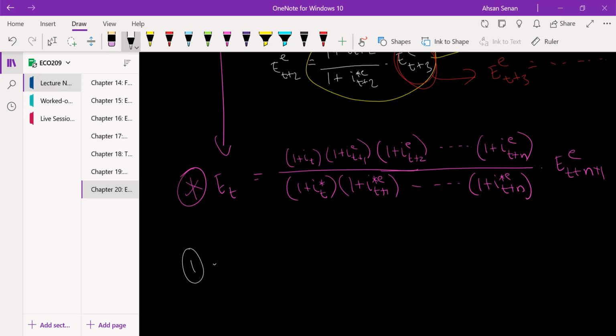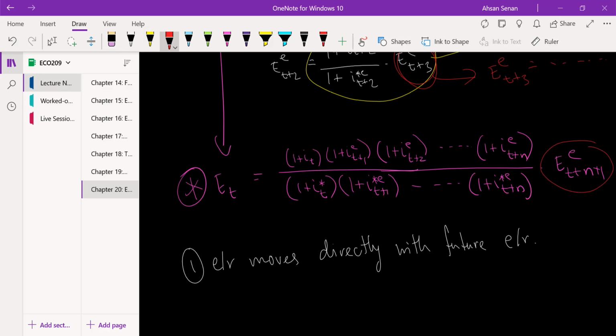So from this equation, we have a few takeaways, right? First is that our exchange rate moves directly with future exchange rate. So what that means is that if there is any movement in this, this will go up.